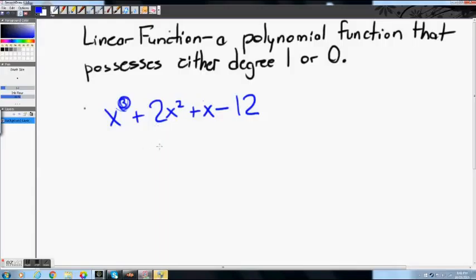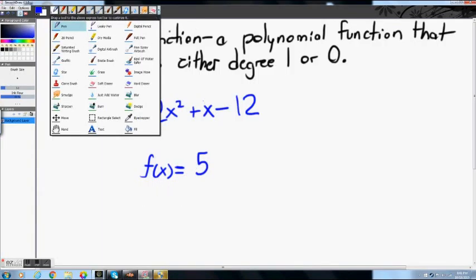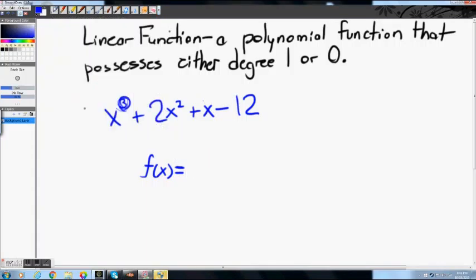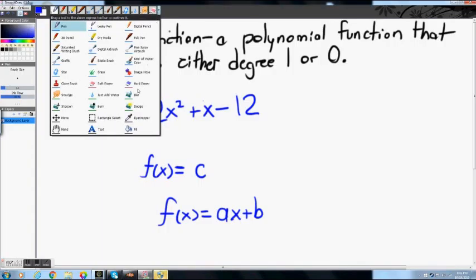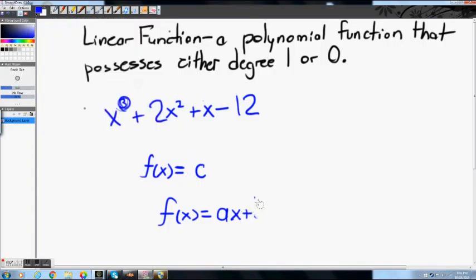So, degree 0 would imply that the function f of x is equal to some constant, such as, let's say, c. If it had degree 1, however, that would mean that our function would be of the form f of x equals ax plus c, where a and c are just real numbers, and a is the coefficient.